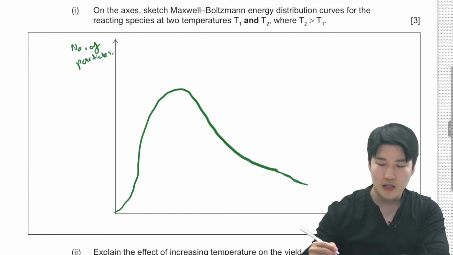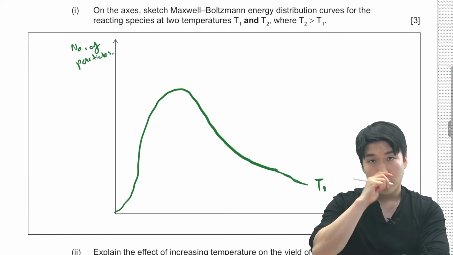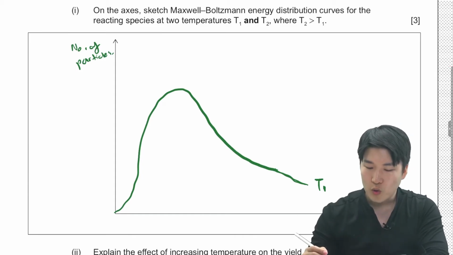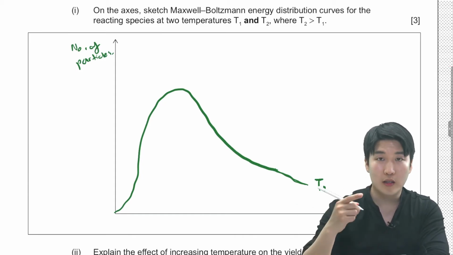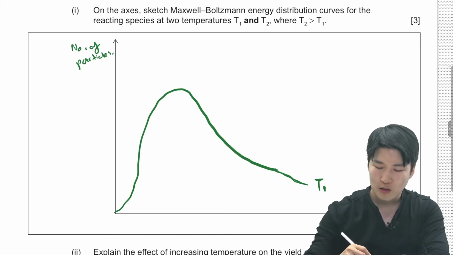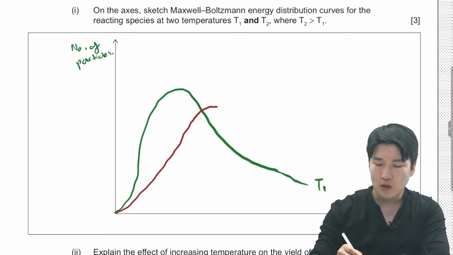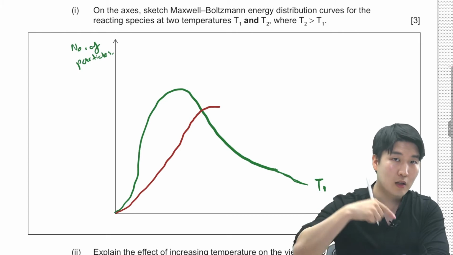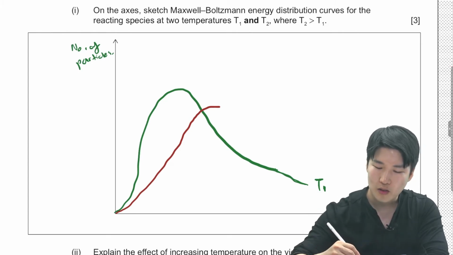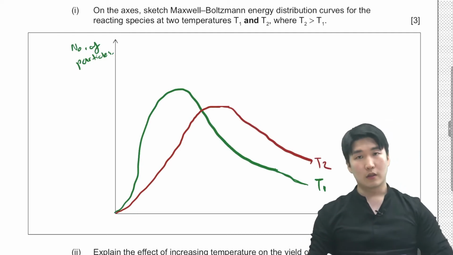Now let's label this as T1. We are going to draw T2, where T2 is at higher temperature. I'm going to make sure that both T1 and T2 start at the origin. The lower temperature T1 will peak at lower kinetic energy, but the higher temperature T2 will finish higher, like that.